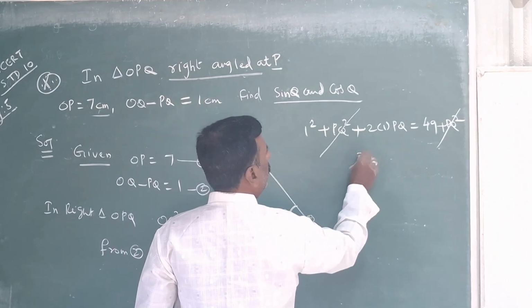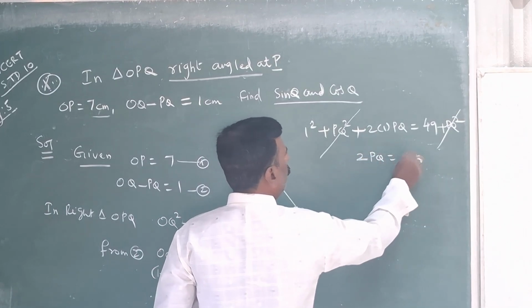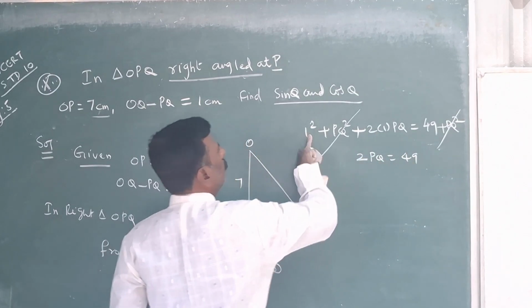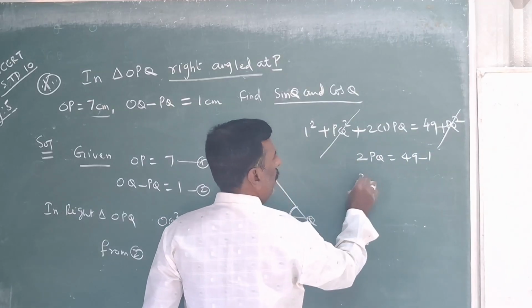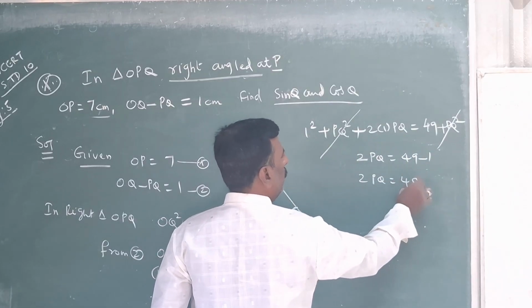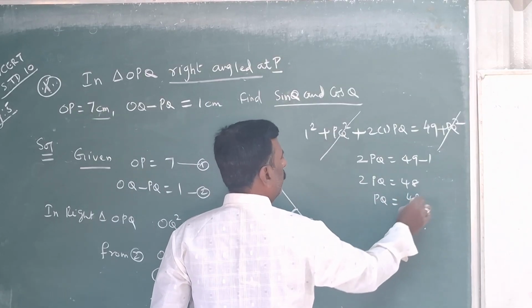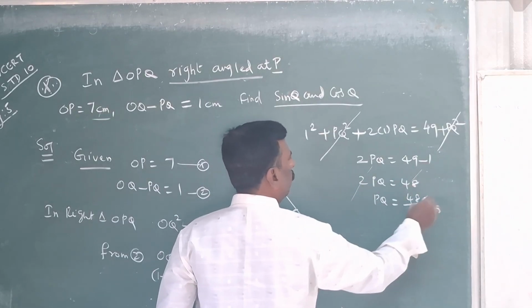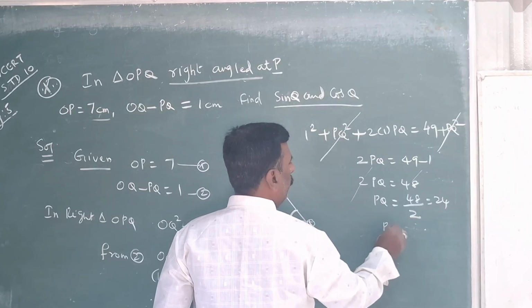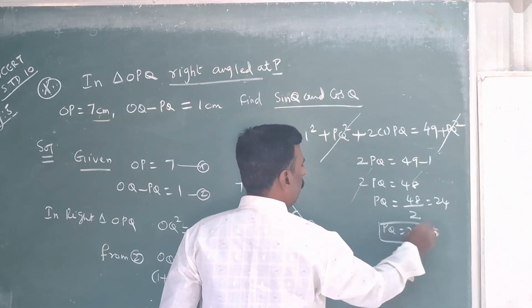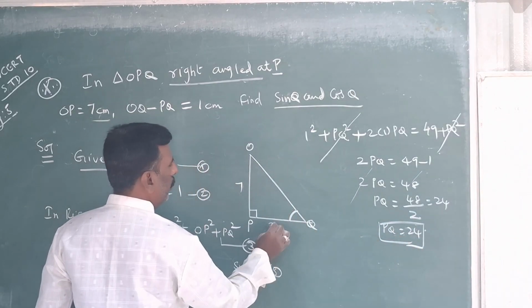Here we have 2PQ, which is equal to 49. Bring this 1 to that side, minus 1. 2PQ equal to 48. Now I want PQ. 48 by 2, we can cut it here, 24. So the value of PQ equal to 24. Put the value of PQ, 24, here.